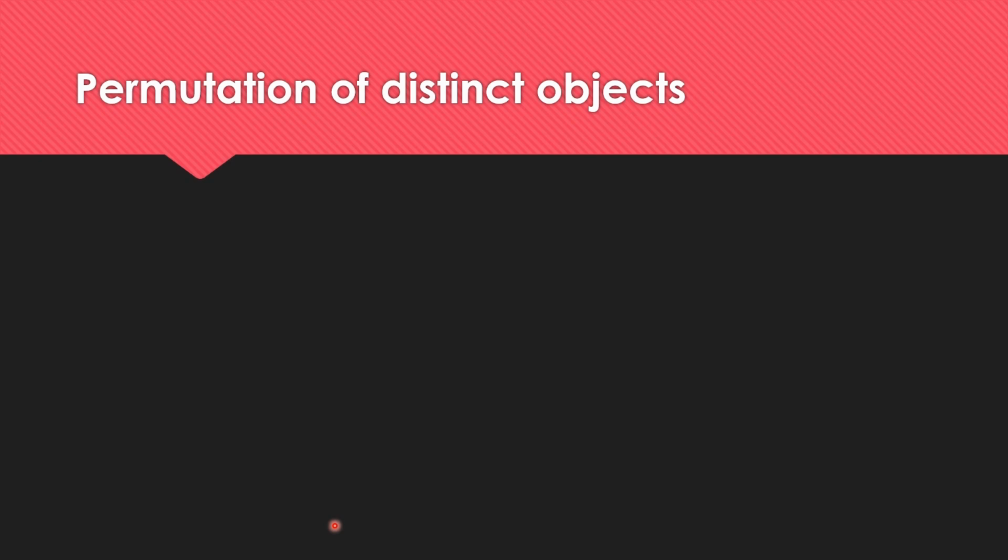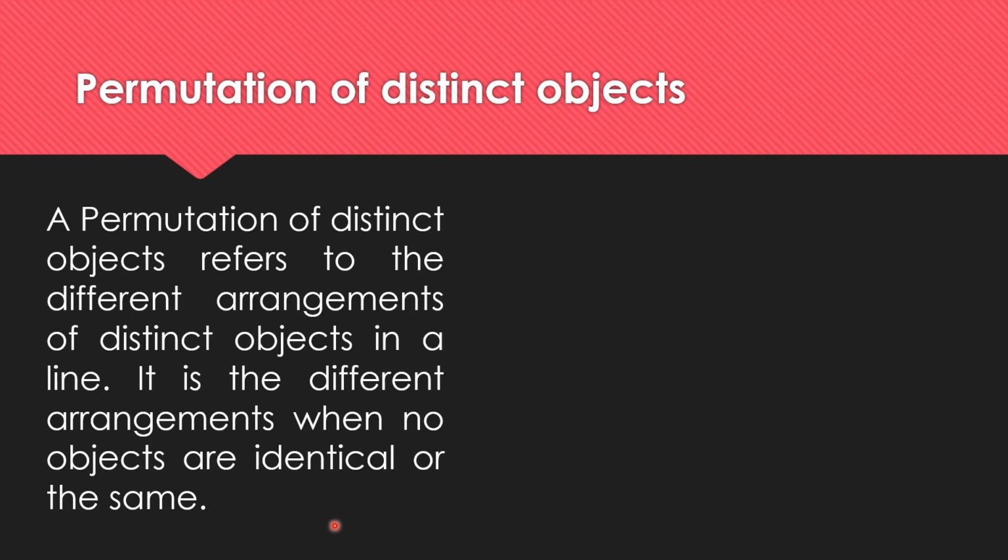Now, the definition that I will be using is again taken from the Mathematics 10 module of DepEd, and according to the definition, a permutation of distinct objects refers to the different arrangement of distinct objects in a line. Actually, this is similar to how permutation is being defined. But aside from that, there is an additional definition that gives us an idea of what we mean by permutation of distinct objects.